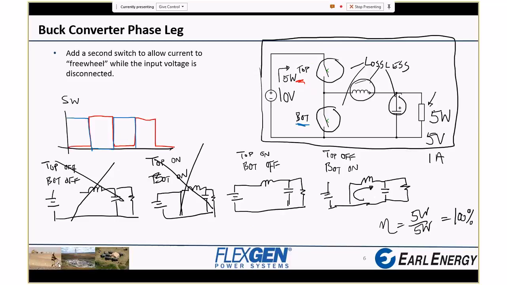We already defined earlier that the output voltage is equal to the input voltage times the on time over on time plus off time.